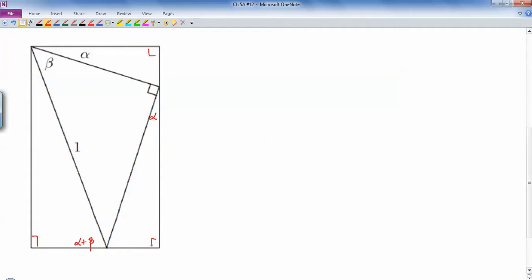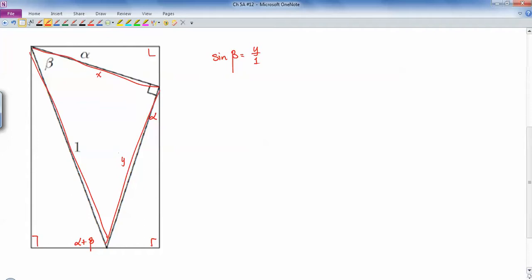So let's look at this right triangle that's in the middle first. So this guy right here. Okay. So let's call this x and y. So if I solve for y, I know that sine beta is opposite over hypotenuse, so that's going to be y over 1. So in this case, sine beta is y.